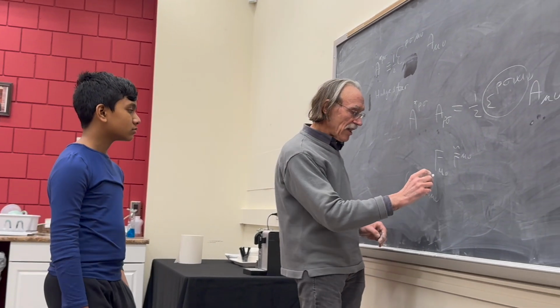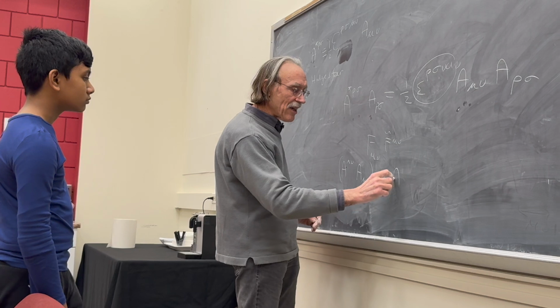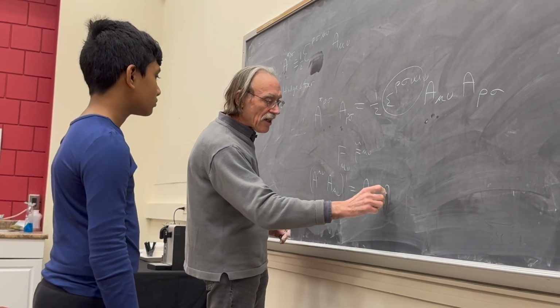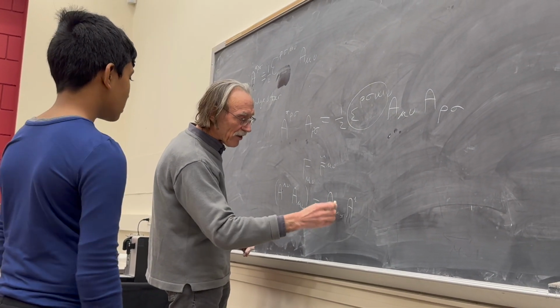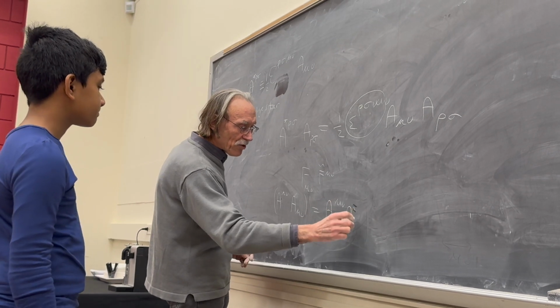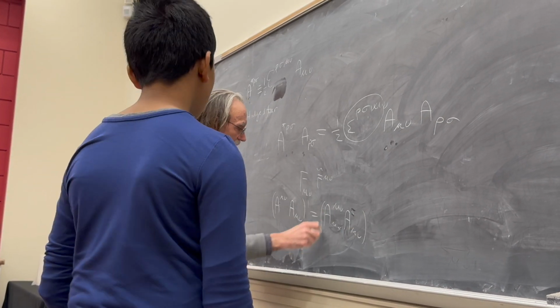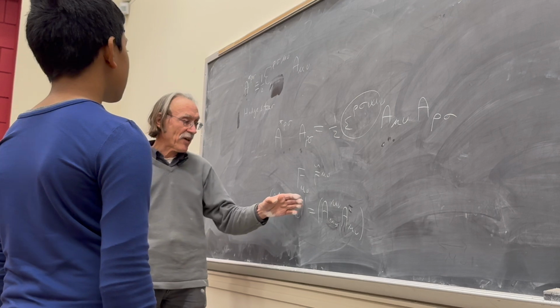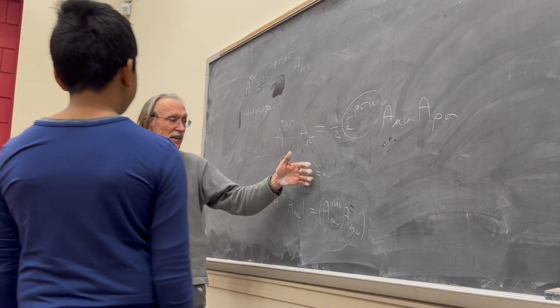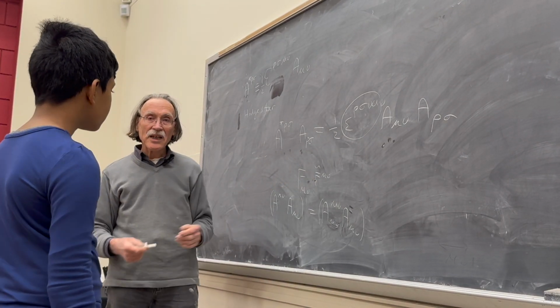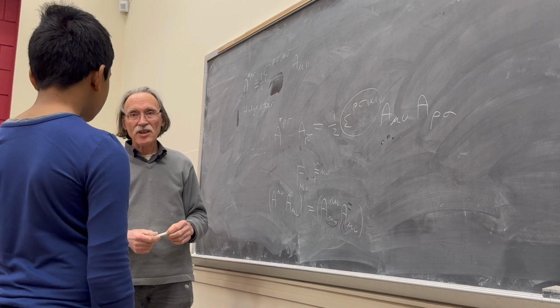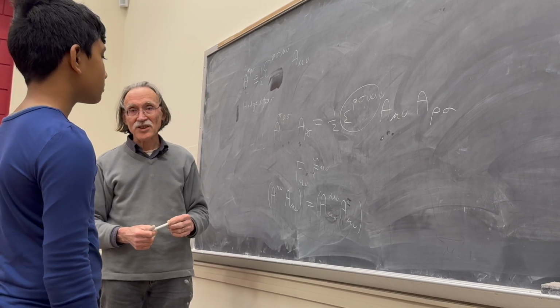So the prime one is A mu nu, A mu nu. Yeah, I wrote down the indices like that. When I Lorentz transform this one, I get an extra factor, the determinant of the Lorentz transformation.